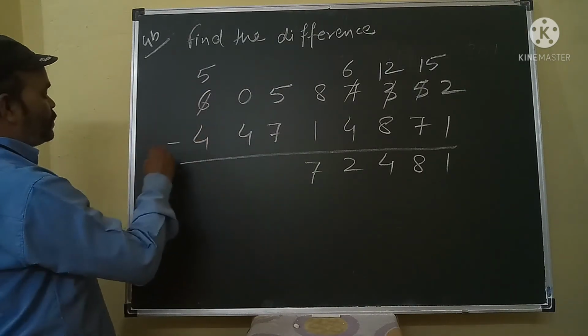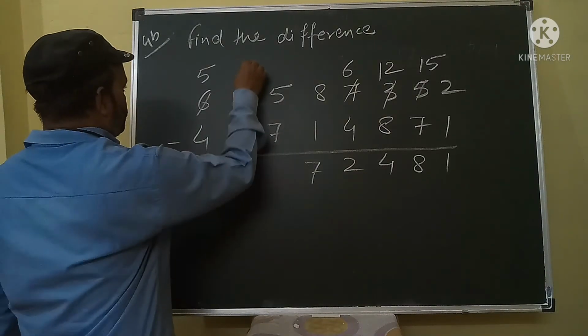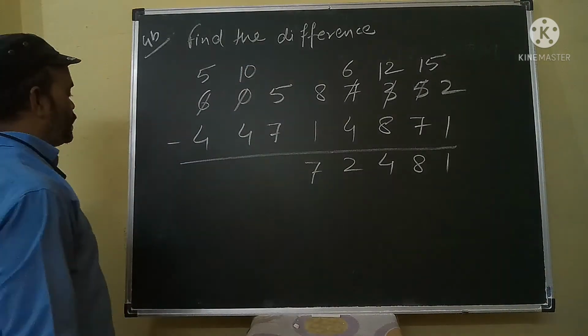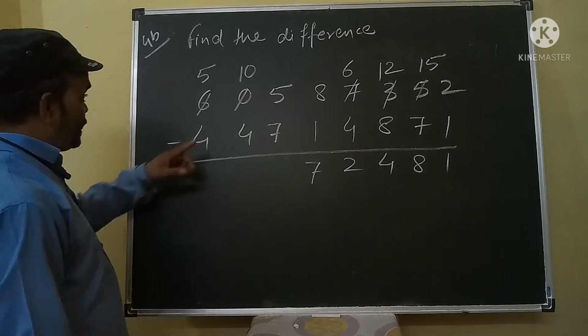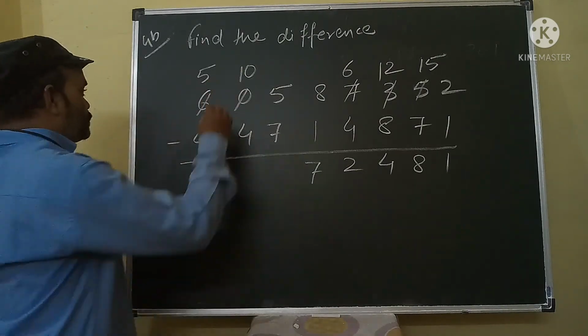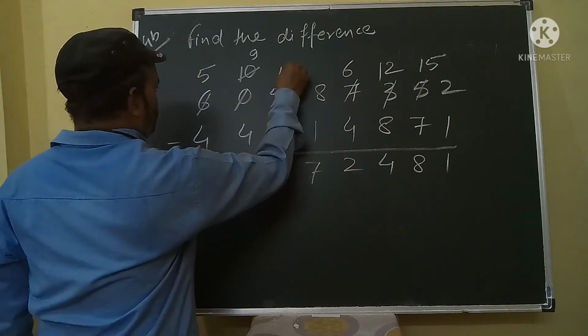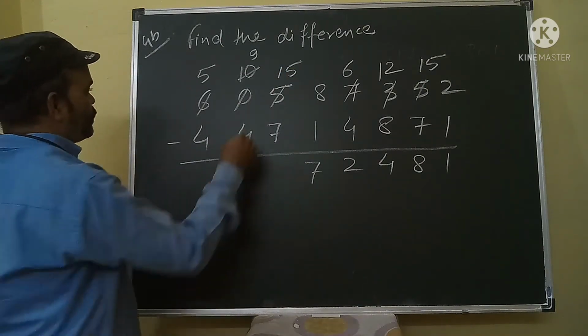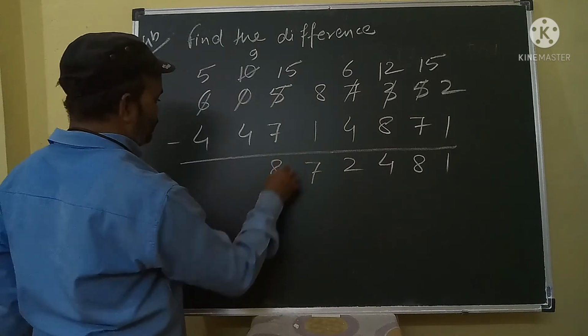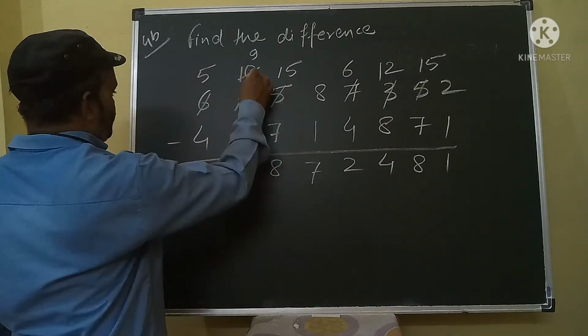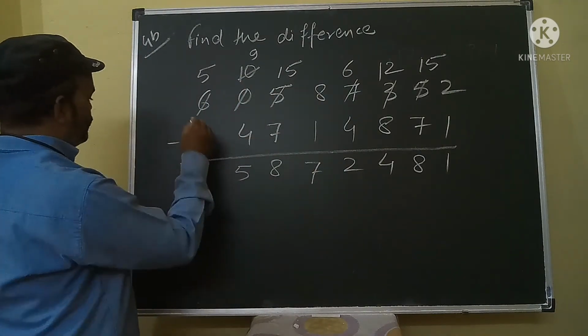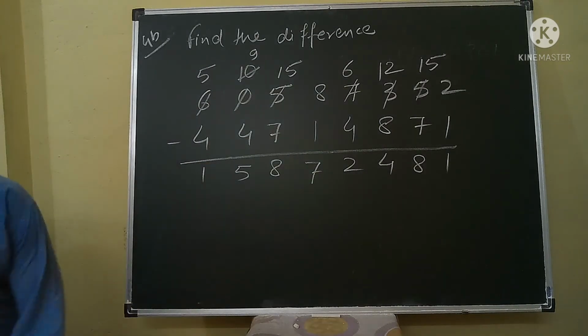So 6 converted to 5 and 0 converted to 10. Okay. Again, we take one number borrow from 10. So 10 converted to 9 and this 5 converted to 15. Okay. 15 minus 7, 8. 9 minus 4, 5 and 5 minus 4, 1.